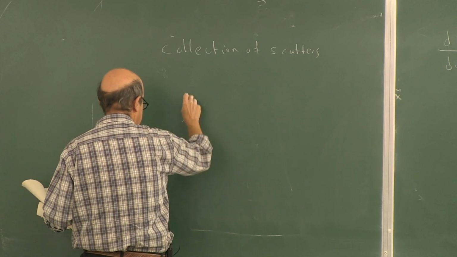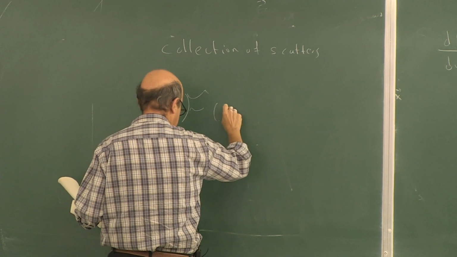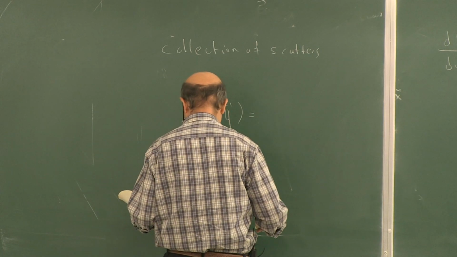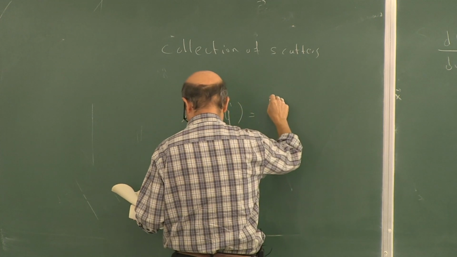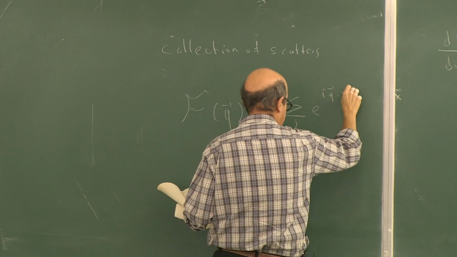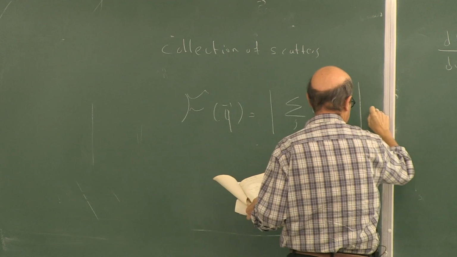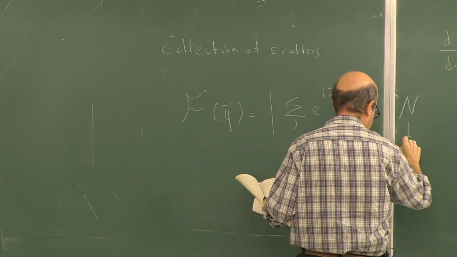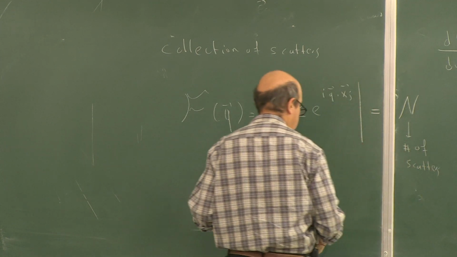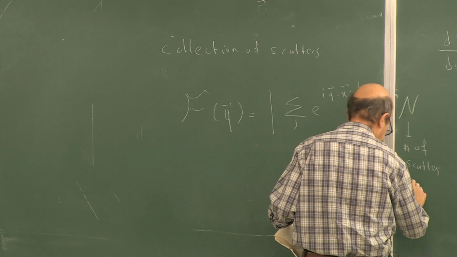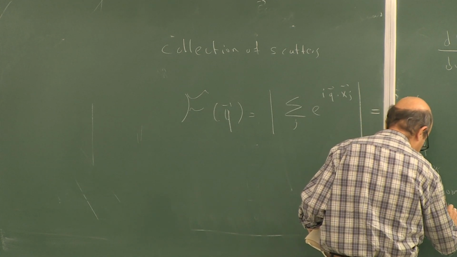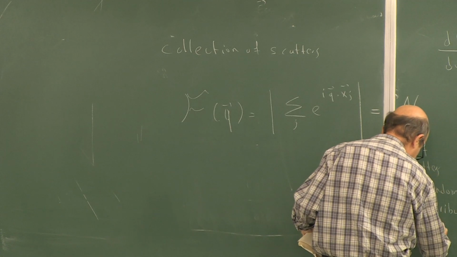So if we write F of q, the summation over j of e to the i q dot x_j, this structure factor will be the number of scatterers for random distributions of scatterers.